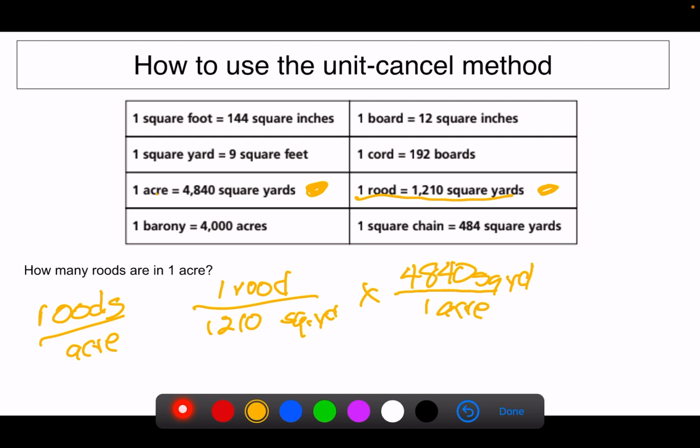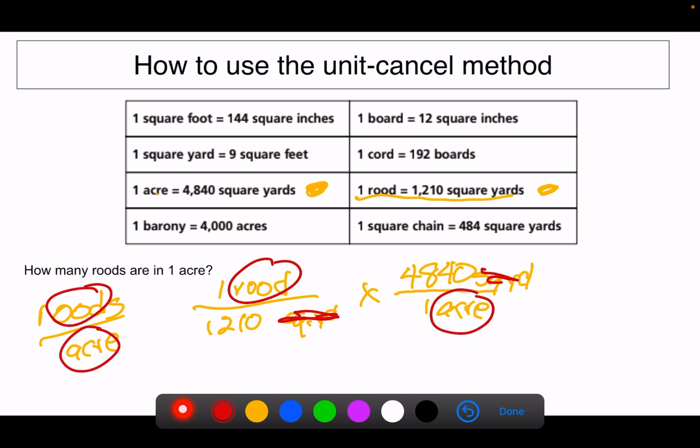And now I can see these cancel, those cancel, leaving me with roods per acre, just what I wanted. Now I just multiply, so I end up with 4840 over 1210. And when you take that math, 4840 divided by 1210 equals a total of 4.